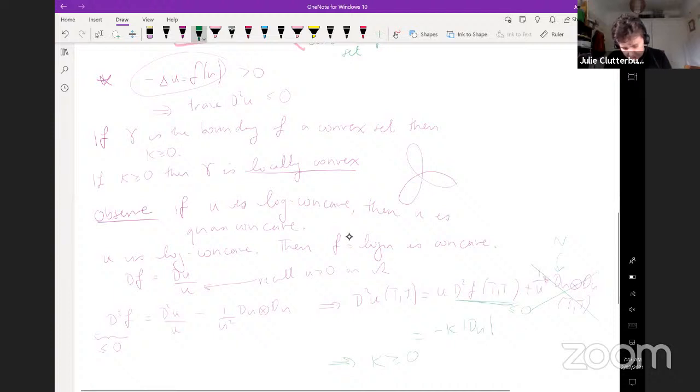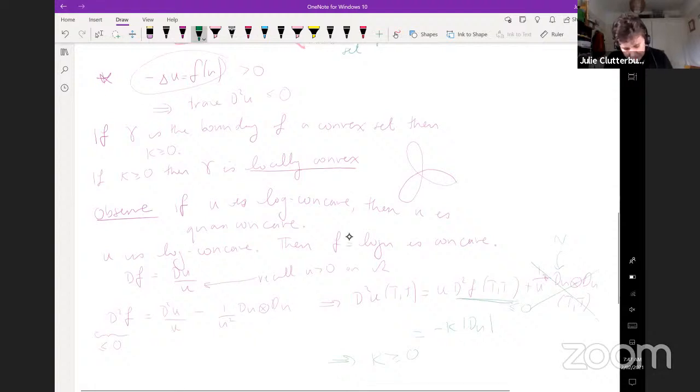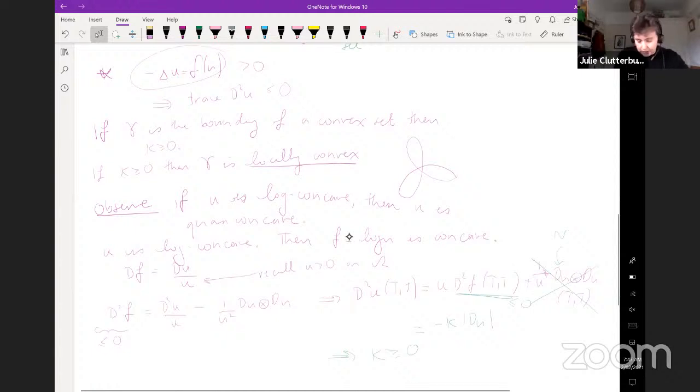So that's a short little calculation that lets you see that this log concavity is certainly sufficient to show the quasi-convexity, the convexity of the level sets.